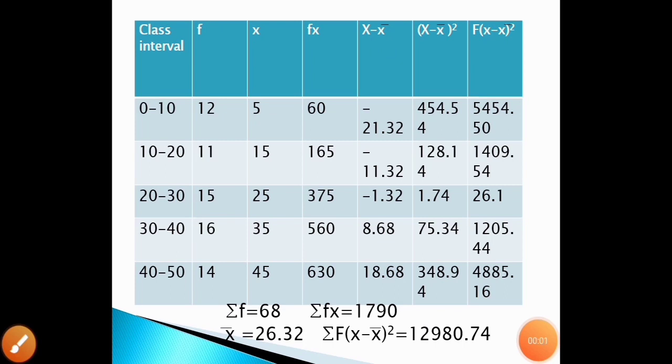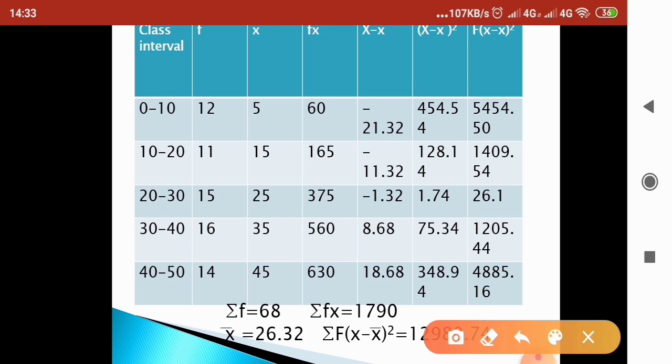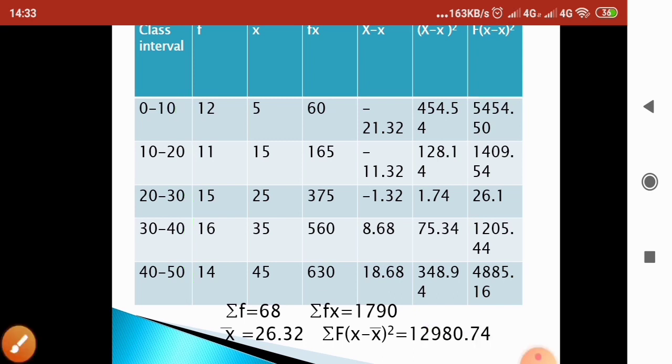We have calculated f. Sigma f is 68. 68 we got by adding these numbers in the second column f, and then sigma fx. In the third column we have calculated fx. fx is calculated by multiplying f and x.